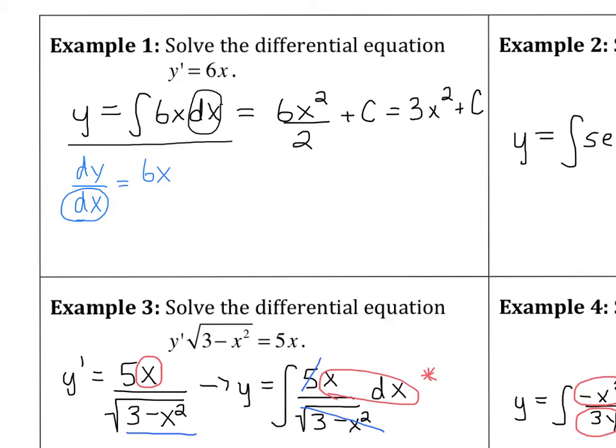All right, so what we actually did, without even really thinking about it, was this. We had dy dx equals 6x, and then we multiplied both sides of our equation by dx to obtain dy equals 6x dx.